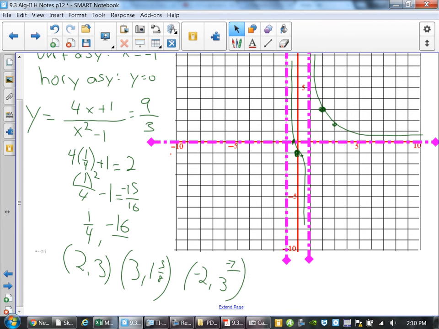Whatever. So -2, -7/3 is what, 2 1/3? If I use -3, this would be -12 plus 1 is -11. -11 over 8. One and change. Should we be doing this?